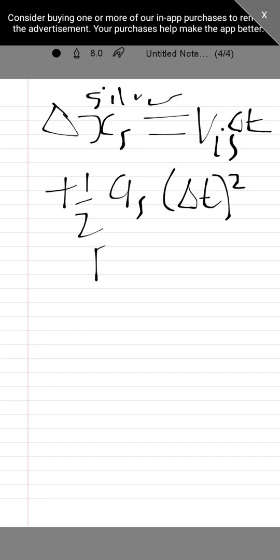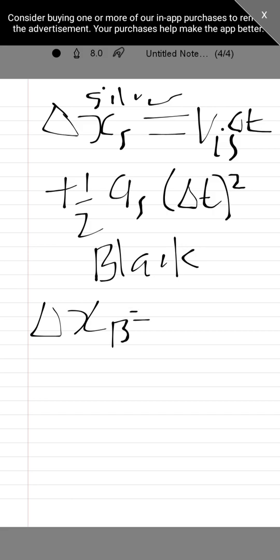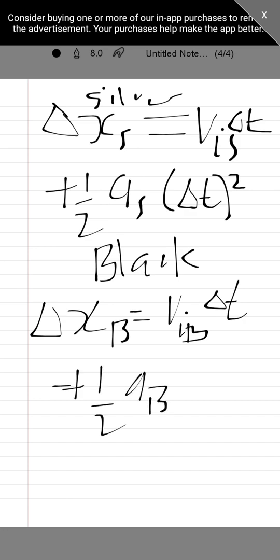Then the black rocket will have this notation: displacement of the black rocket is equal to initial velocity V_IB, the initial velocity for the black one, times change in time, plus half A_B times change in time squared.